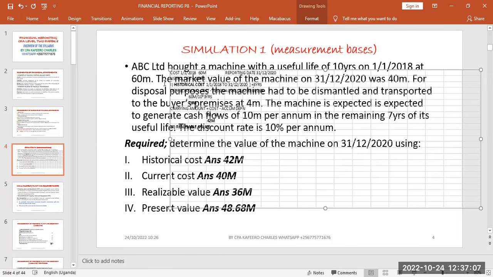But remember, they gave us the market value. Market value is what we are estimating to get from the market.